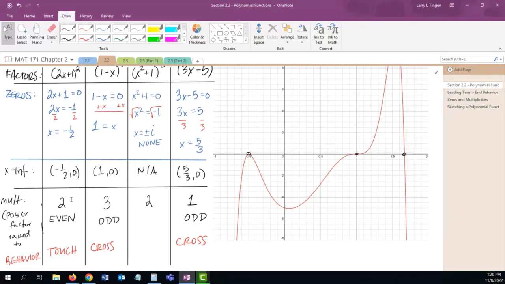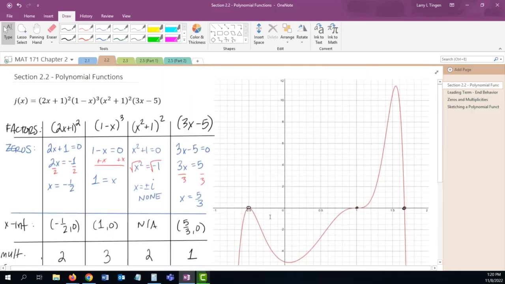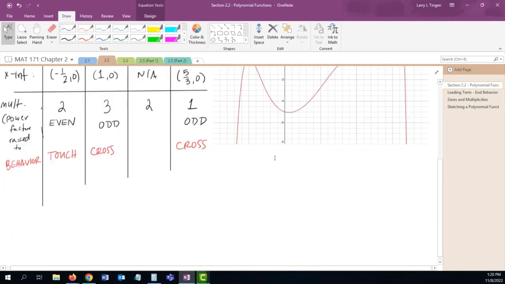All right. So we have introduced zeros. We know how to find our x-intercepts, which we've run into before. And now I've introduced multiplicities and then their behavior. So the only thing left is for you to take this original function and we got to pick up just a couple more attributes.